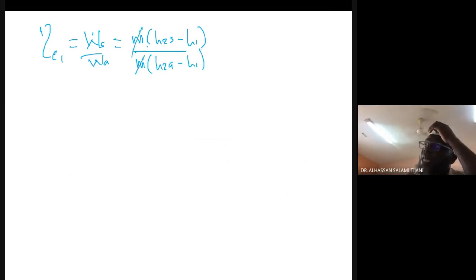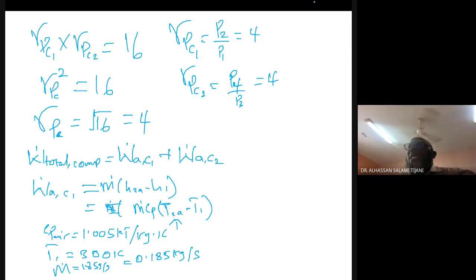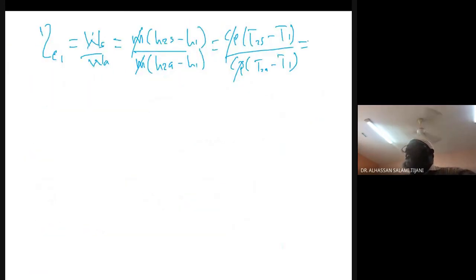The mass flow rate is the same, so you convert into Cp: T2S minus T1 divided by T2A minus T1. All right? They will cancel. Now the whole of this equals the compressor efficiency, which is 85%, so we equate this to 0.85.